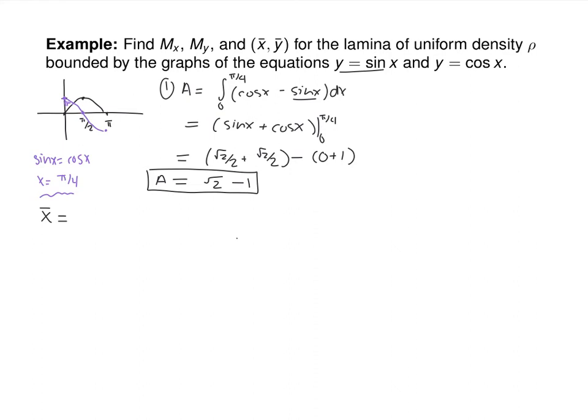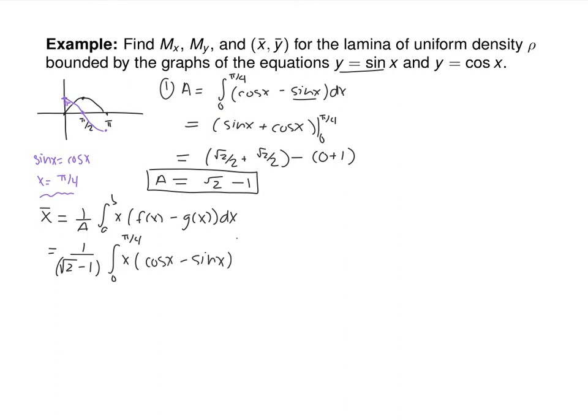Now to find x bar, we do 1 over a integral a to b x times f of x minus g of x. So that's 1 over root 2 minus 1 integral 0 to pi quarters x times cosine x minus sine x. And I understand that it might be your first instinct to distribute here.